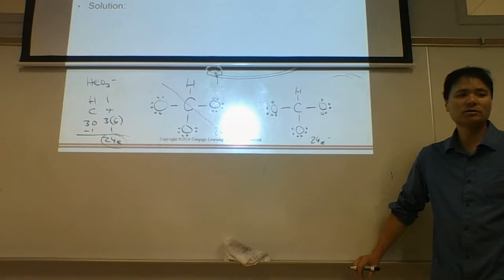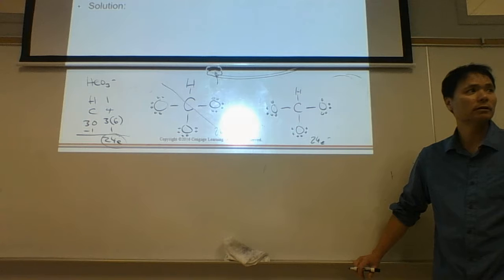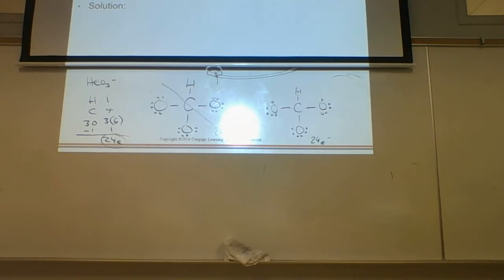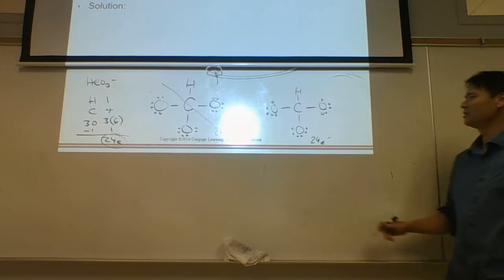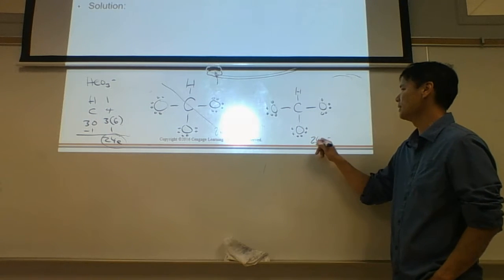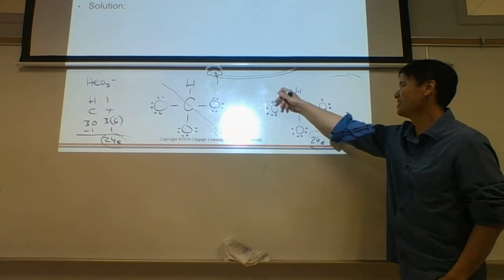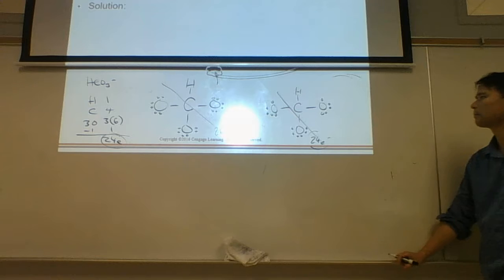I mean, you can buy it at the supermarket. Baking soda is all bicarbonate. Baking powder has some other stuff in addition to the bicarbonate. So it's not likely that this has a free radical. Even though this is the right number of electrons, 24, I don't think so for this one. So let's eliminate that.